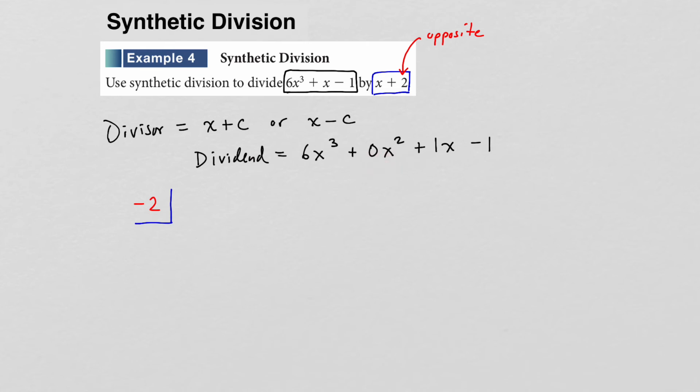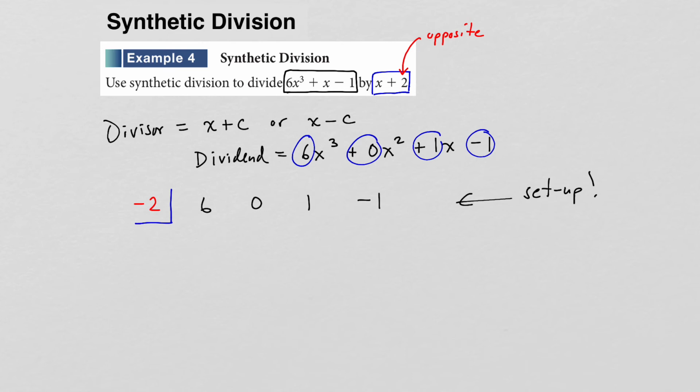So what we're going to do now is we're going to take those coefficients, these numbers, and we're going to write them down here in a line. So first we put 6, and then 0, and then 1, and then negative 1. Okay, so this is the setup for synthetic division.